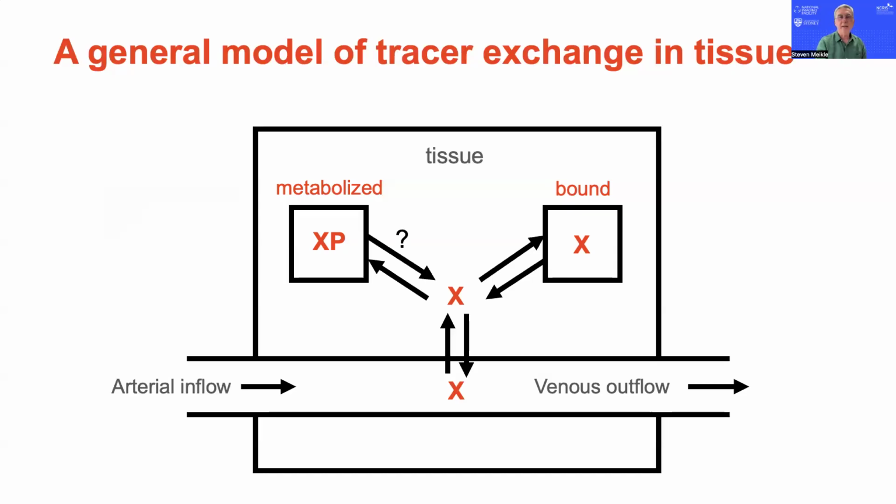So it might go back to its original form, the so-called parent radiopharmaceutical, or it could just exit directly back to the blood, in which case you'll end up with radiolabeled metabolites in the blood. So these are all the potential pathways, and of course it can get much more complicated than that, but this is just a general model to simplify some of the possible pathways for a radiopharmaceutical.